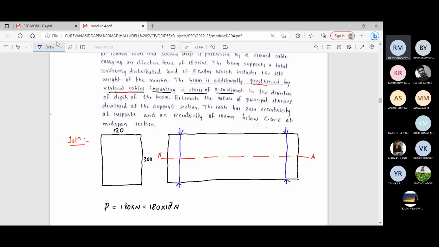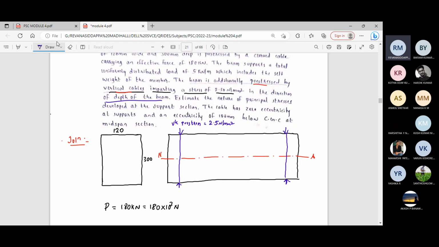Vertical pre-stress is equal to 2.5 Newton per mm square, in the direction of depth of the beam. The direction of depth of the beam means tendons are provided in the vertical direction and pre-stress is induced to the beam in the vertical direction.